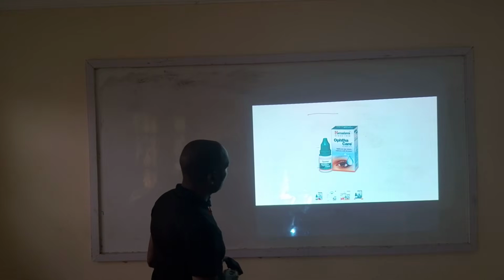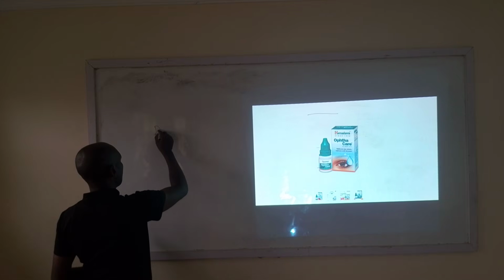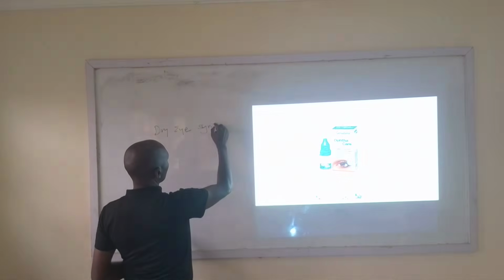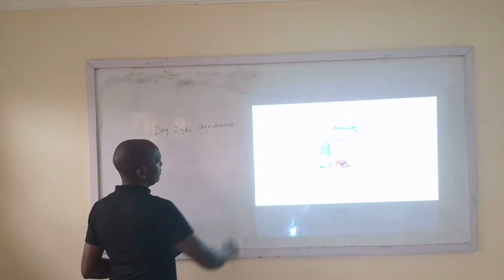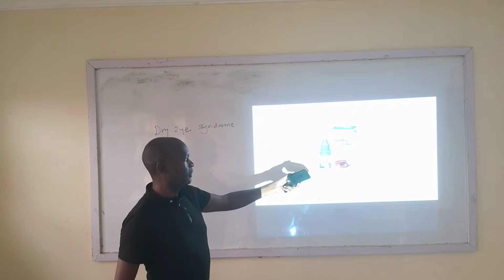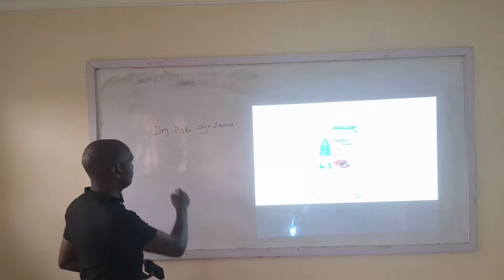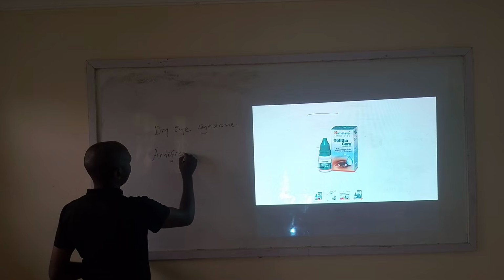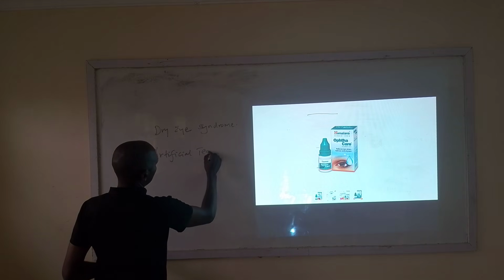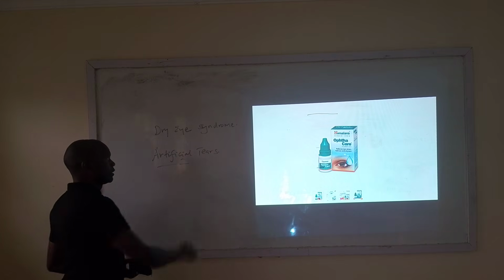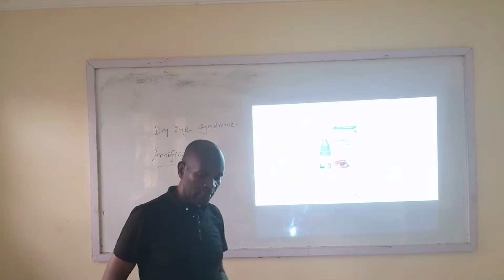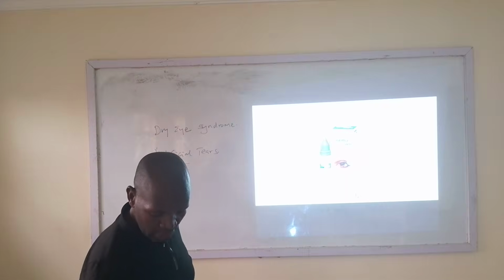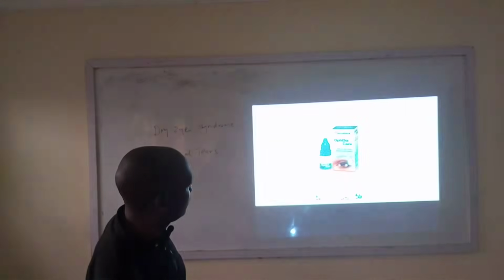Patients who have dry eye syndrome can be prescribed this medication. It is just artificial tears, and you prescribe that as part of the treatment strategies that we have looked at.